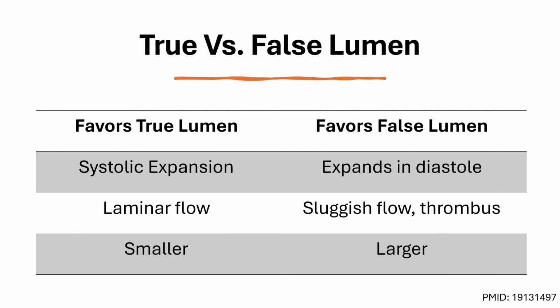Parameters which favor the false lumen include expansion in diastole, sluggish flow, spontaneous echo contrast, and thrombus. False lumen typically appears as a larger size lumen. Please pause this video if you need more time to review this concept.